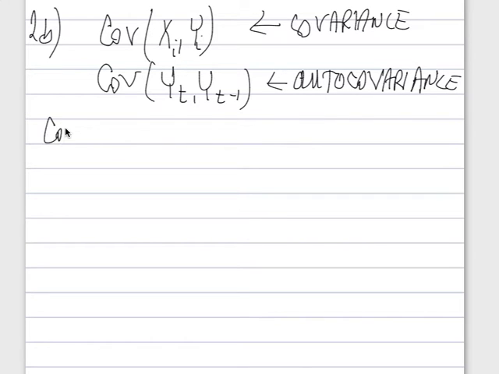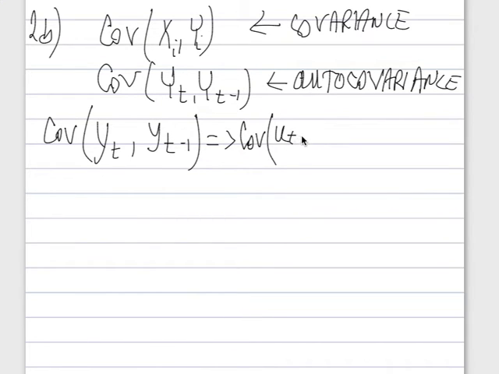I'll try to be quick now because of timing. Essentially, if you just plug in the data generating process, which is ut minus theta ut minus 1, comma, ut minus 1 is generated by ut minus 1 minus theta ut minus 2.